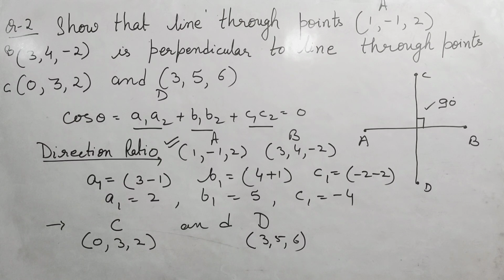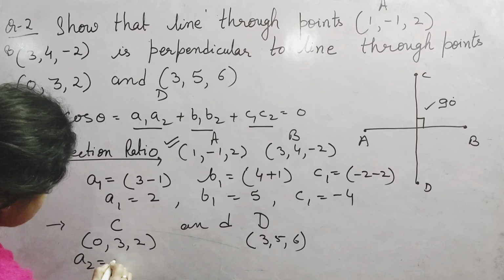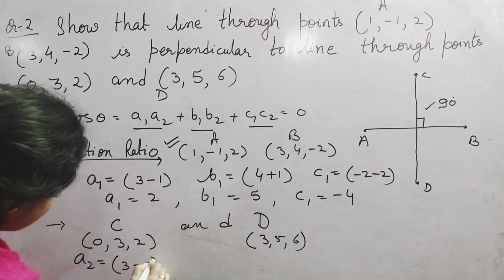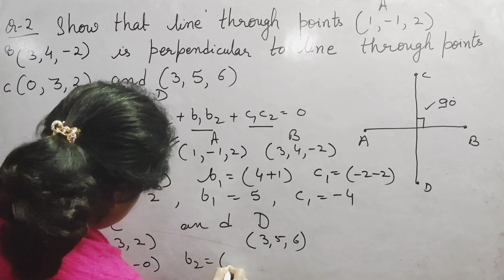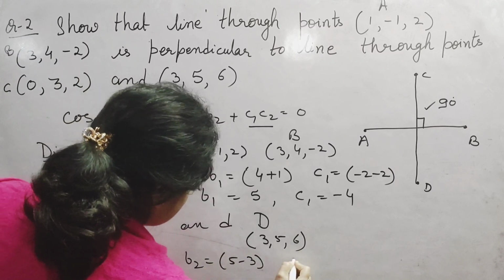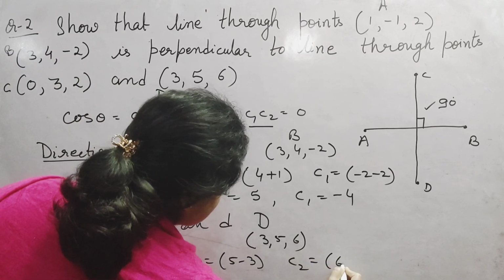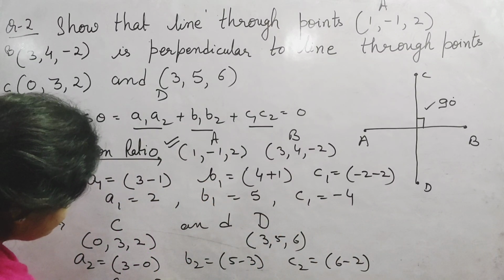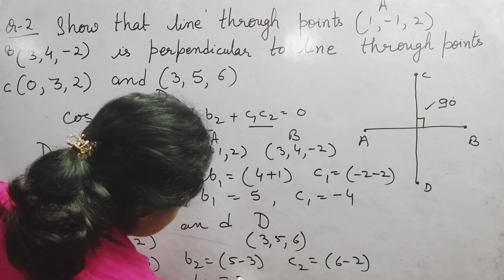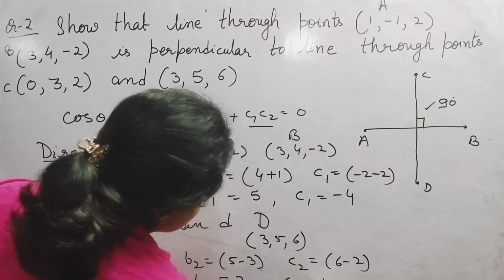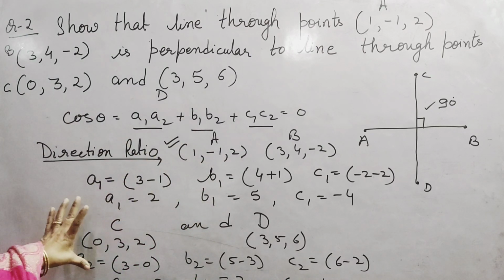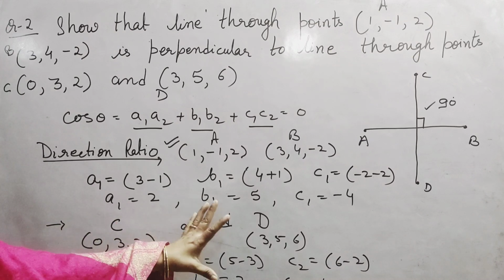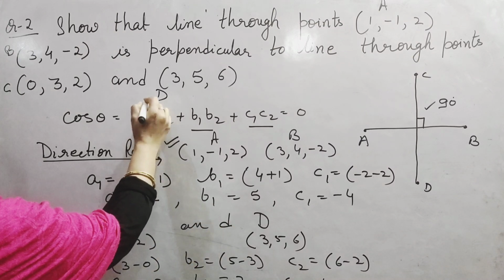Now similarly, as we solved earlier, we find the difference between them, that is A2 is equal to 3 minus 0, B2 is equal to 5 minus 3 and C2 is equal to 6 minus 2. So from here we get A2 is equal to 3, B2 is equal to 2 and C2 is equal to 4.